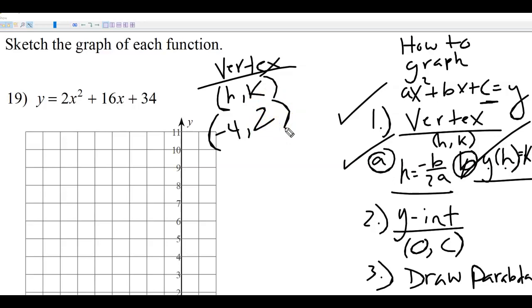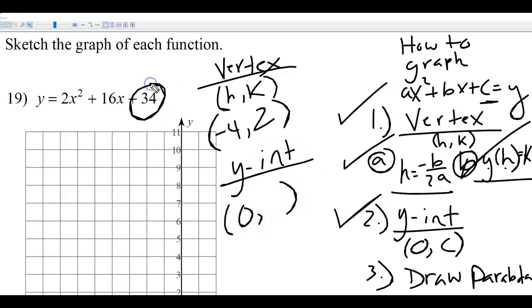Okay, so that tells me my vertex. So we're done with step 1. Step 2, we want to find our y-intercept. That's a lot easier. The y-intercept is (0, 34), 0, comma, and whatever the last number is. Okay, after that, you have enough information to get a pretty decent graph of your parabola.